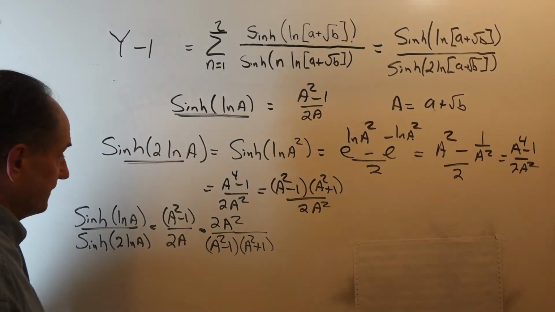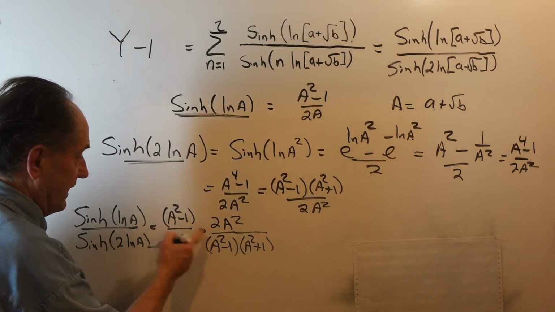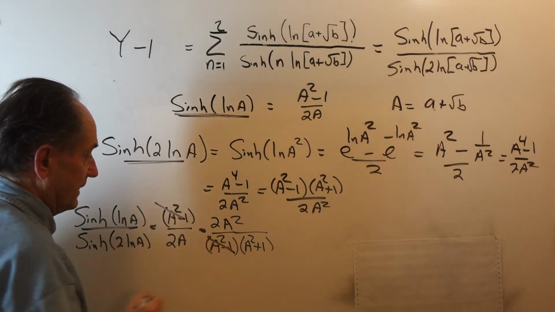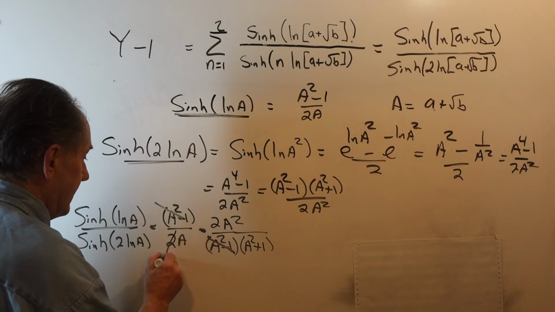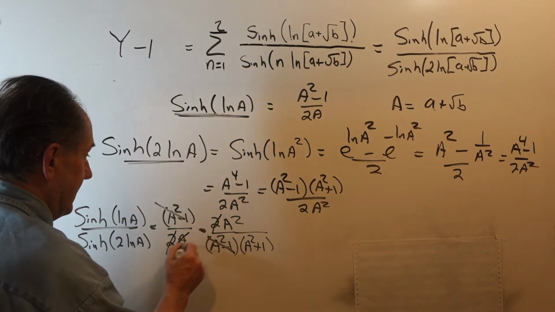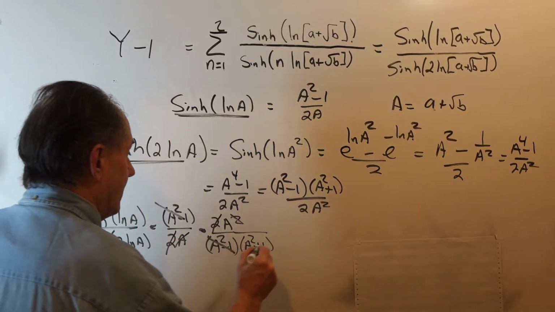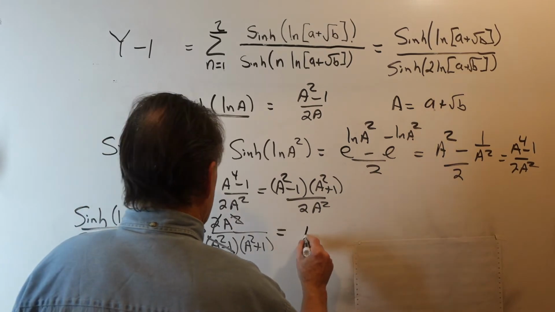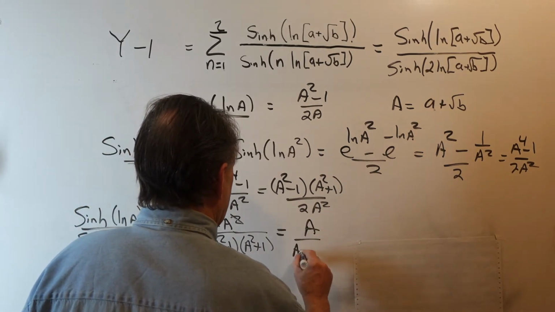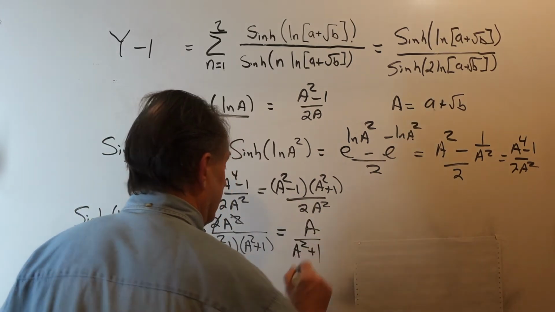And we have some simplifications. We have a squared minus 1 in the numerator and denominator. We have a 2 that cancels, and we have an a that cancels. There's 1 there. So we end up with a over a squared plus 1.